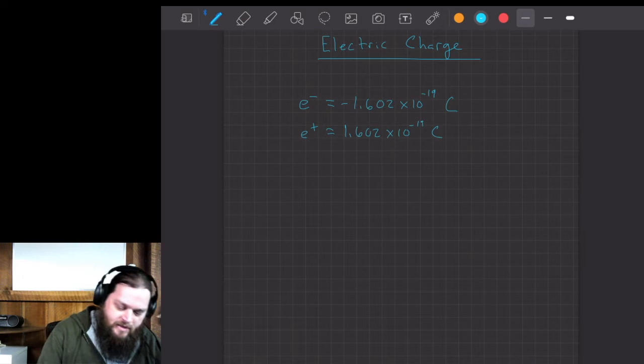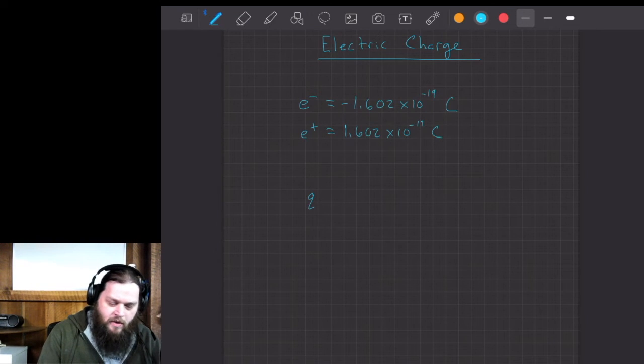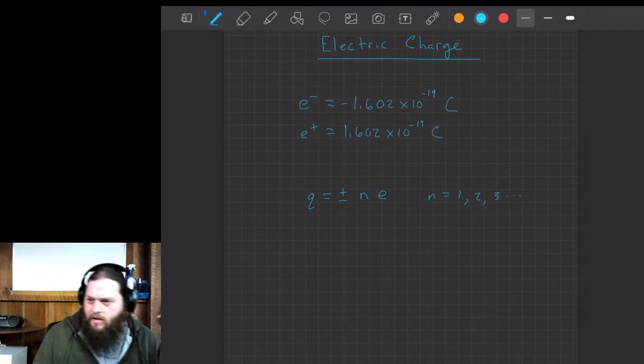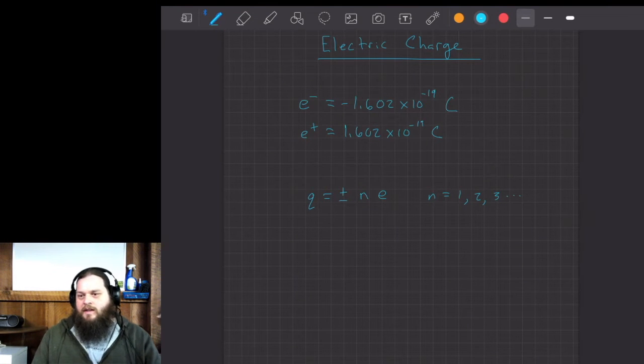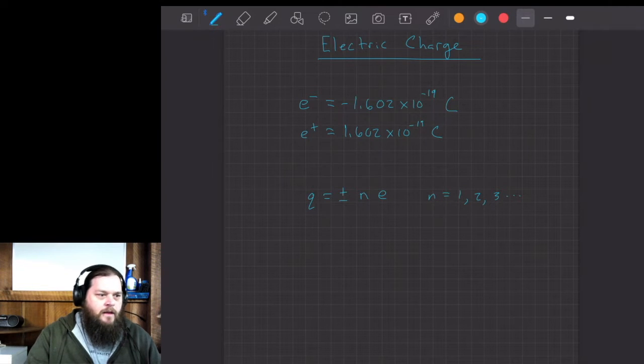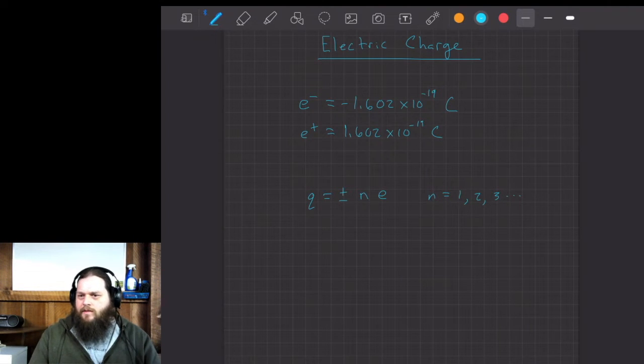So any charge that we see, we usually call it Q, is going to equal some positive or negative value N, which is just an integer multiplier of the electric charge e. So N can equal some discrete value, 1, 2, 3, etc. of that charge. You're not going to get 5.76 times the charge of an electron. It's going to be a discrete value, 1, 2, 3, 4. It could be 137, but it's still going to be a whole number. And that's the general idea of an electric charge.